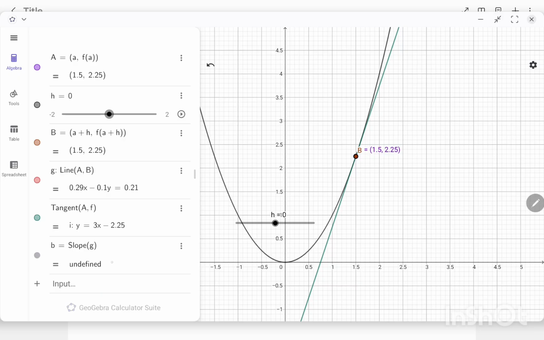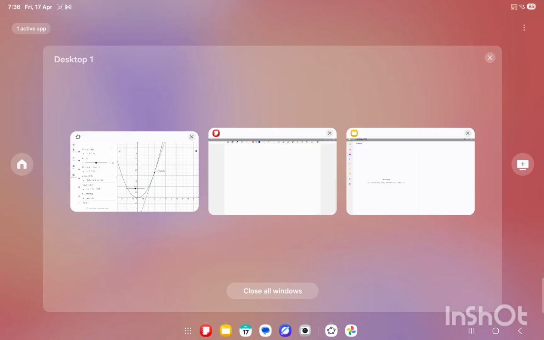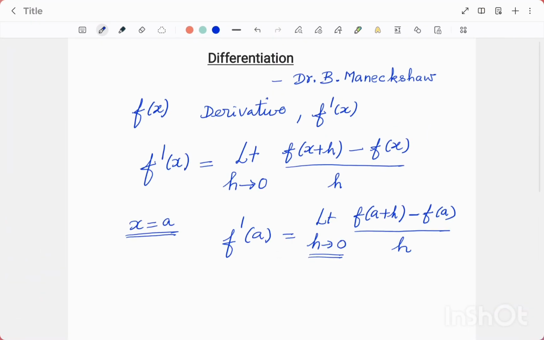Because if we go back to the definition, when h takes the value 0, we have a division error. That is why it is undefined, and therefore we do not talk about what is happening when h is 0. We are only talking about what is happening when h is very, very close to 0. Say h is equal to 0.005, what is happening?